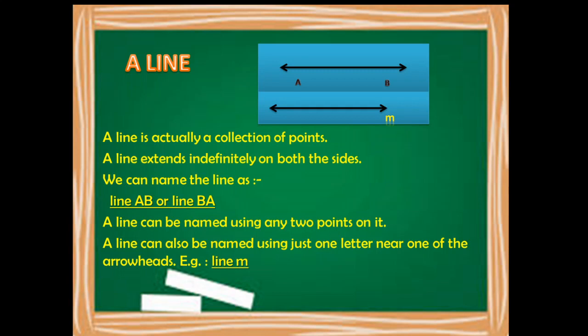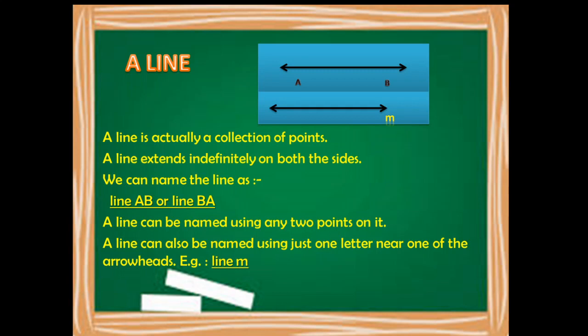That is M. So how will I name the line here? Line M. Students, make a note. When you write the name of the line using 2 alphabets on either side of the arrowheads, it should be in capital letters. But when you name the line with only one alphabet on one of the arrowheads, the alphabet should be a small letter.